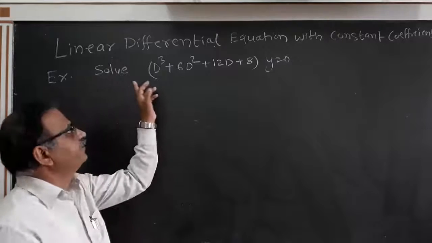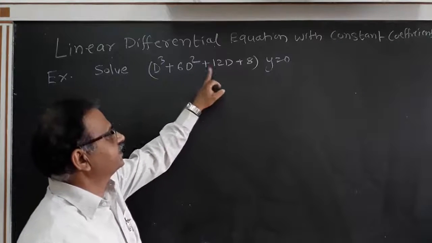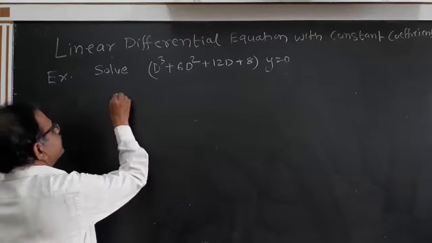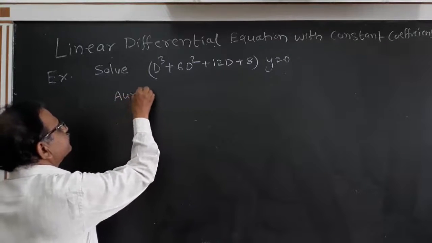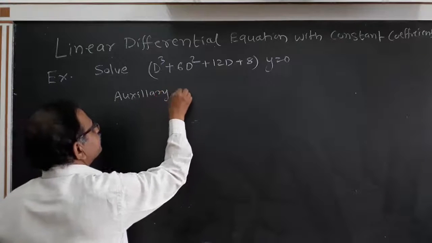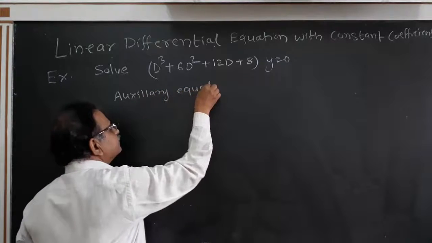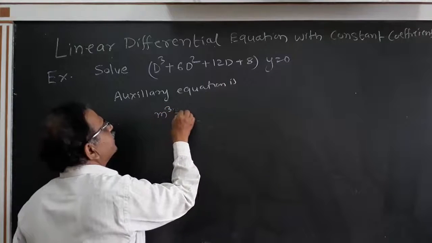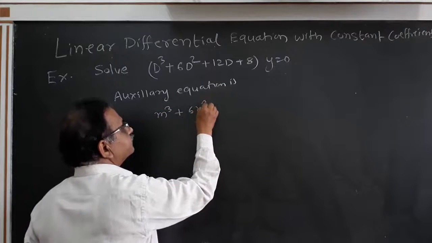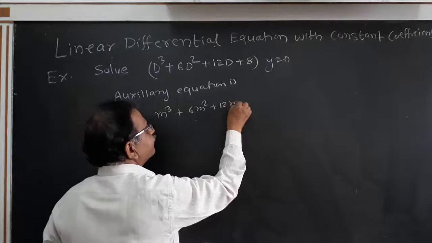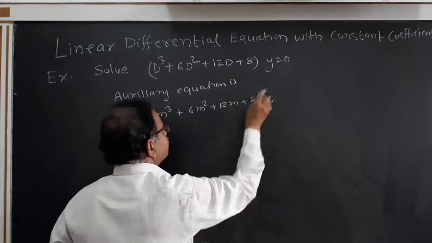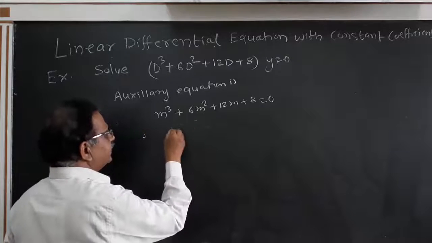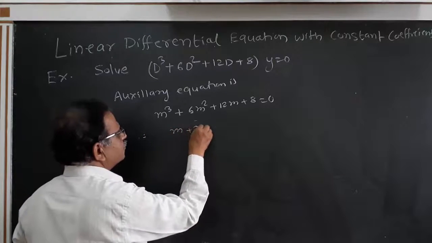Our next problem is solve D cube plus 6D square plus 12D plus 8y equal to 0. Auxiliary equation is m cube plus 6m square plus 12m plus 8 equal to 0. Therefore, clearly this is m plus 2 bracket cube.